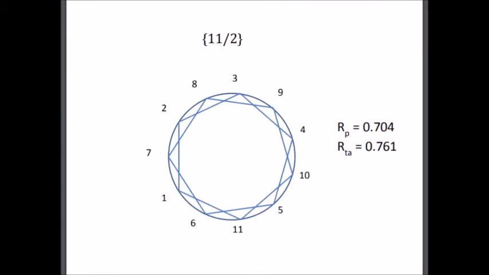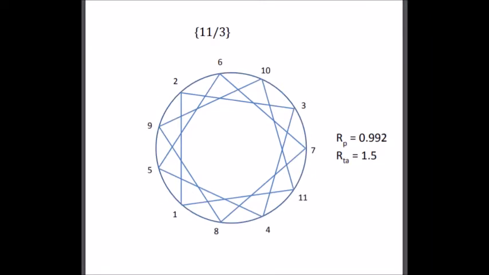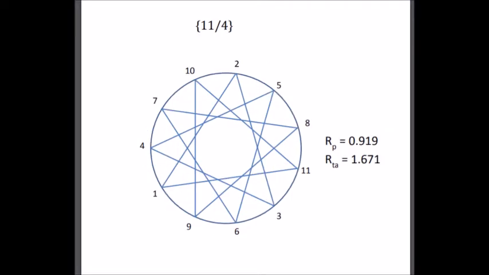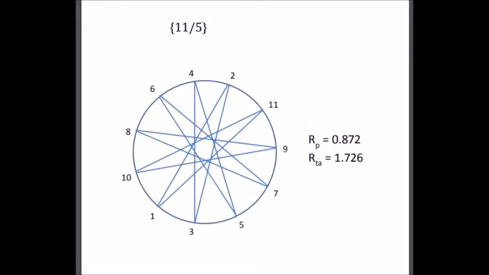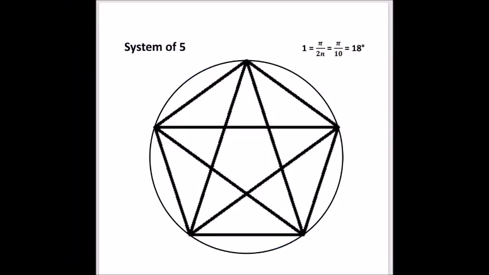And here is the 11/2 star polygon, the 11/3 star polygon, the 11/4 star polygon, and the 11/5 star polygon. Now let's take a closer look at some of the geometric properties of a few of these star polygons.